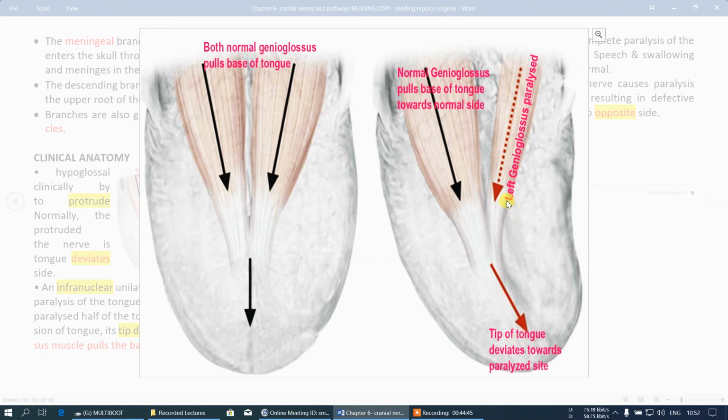That means in case of left genioglossus palsy, the tongue is going to the left side. So with same side paralysis, there is deviation of the tongue to the same side of paralysis, that is corticonuclear fibers of genioglossus of the same side. So left corticonuclear palsy, protrusion of the tongue to the left side.